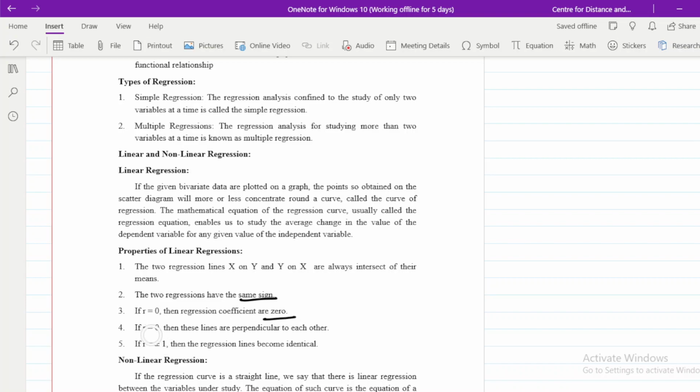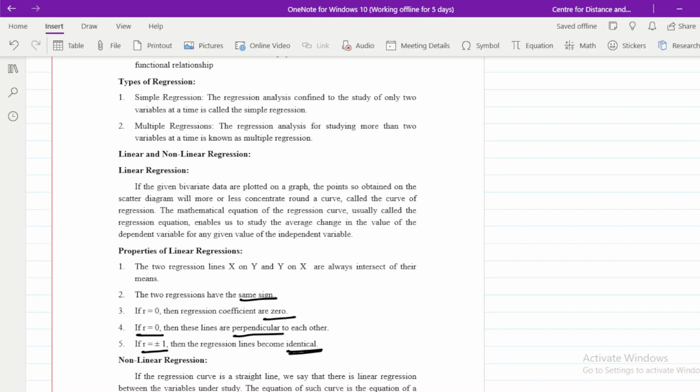Then, if r is equal to 0, then these lines are perpendicular to each other. And next one is, if r is equal to plus or minus 1, that is, the value of r is either plus 1 or minus 1, then the regression lines become identical.